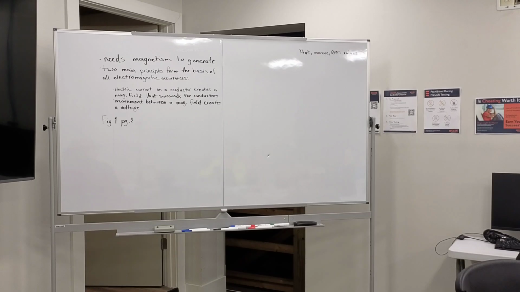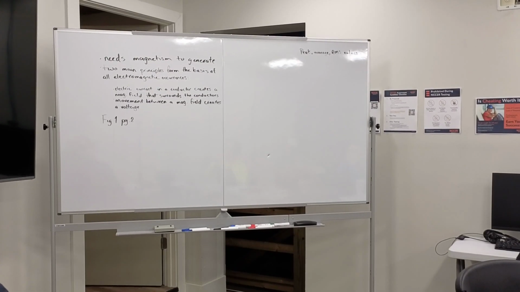A generator and a motor, what's the difference? Basically, a generator and a motor are the exact same thing, just backwards. When we start learning about motors and how they work, you'll see that they're basically the exact same. They just work in reverse.